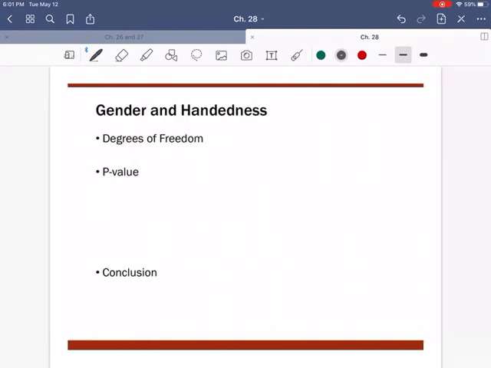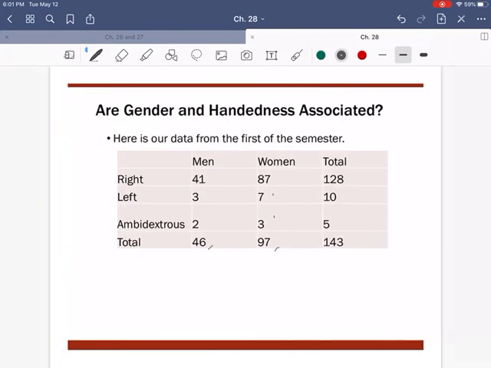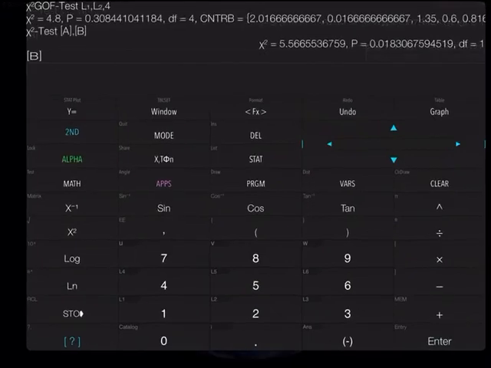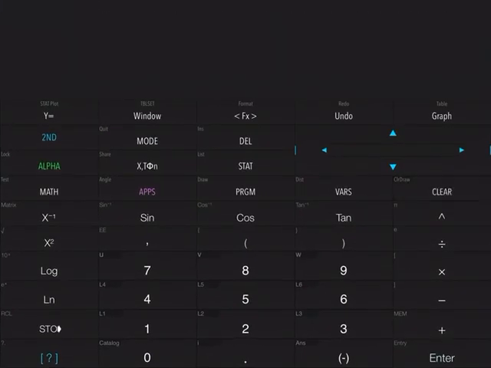Okay, test statistic. We're just going to use our calculator for that. So I'm going to move over to the next slide. And actually, we're going to move back a slide so we can type these in to our calculator.